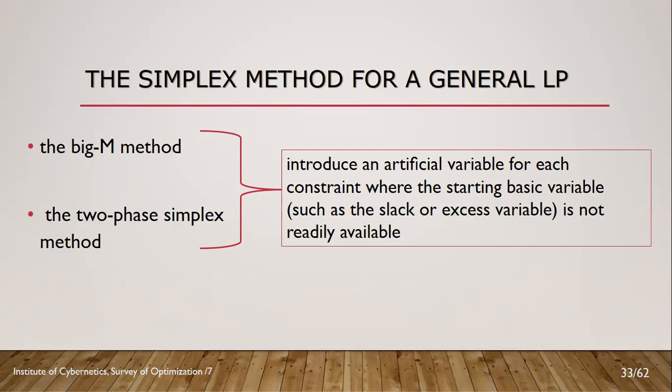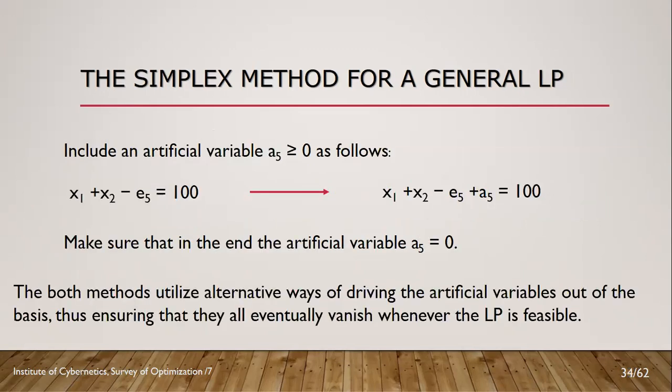Let's discuss those artificial variables. One potential solution is to introduce an artificial variable for each constraint where such a slack or excess variable is not readily available. For example, this constraint corresponds to constraint 5.